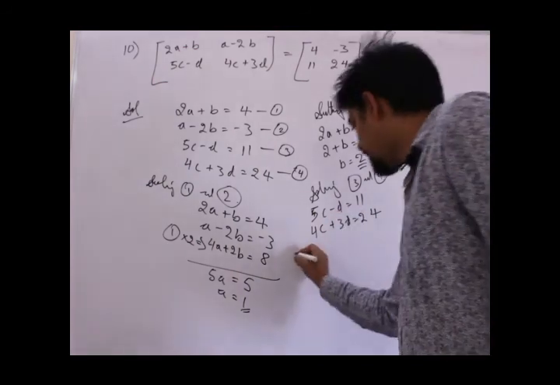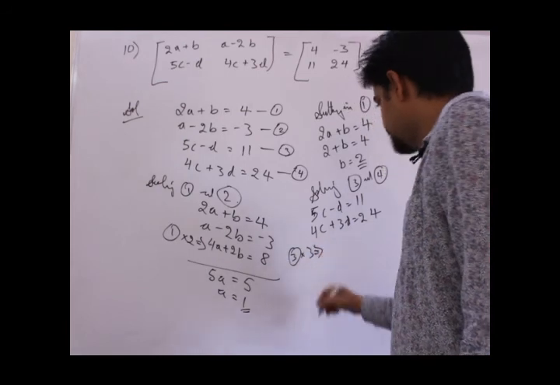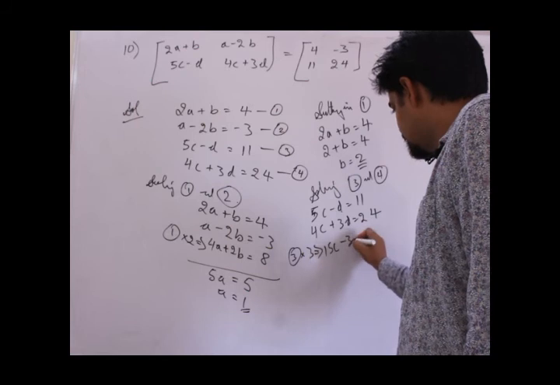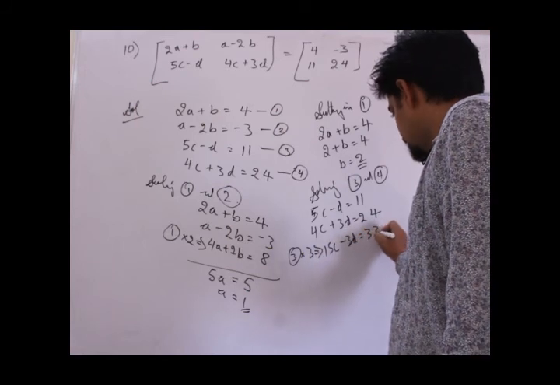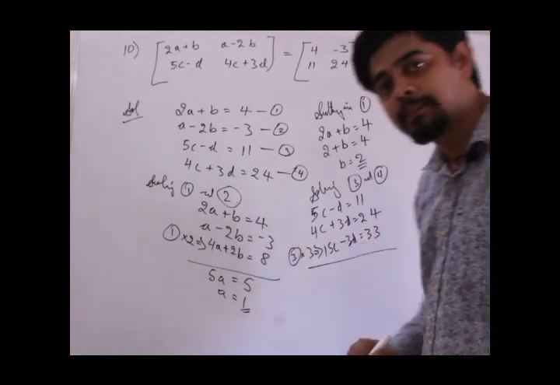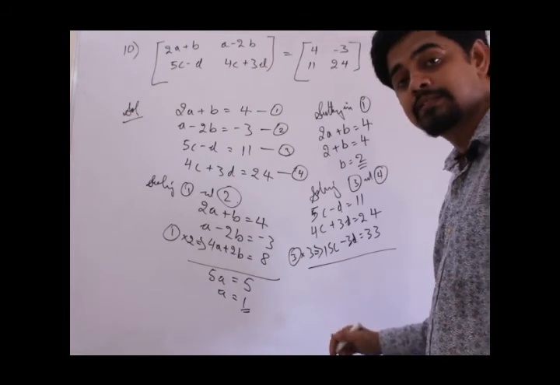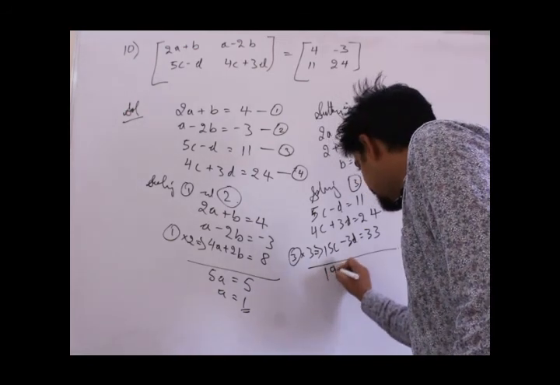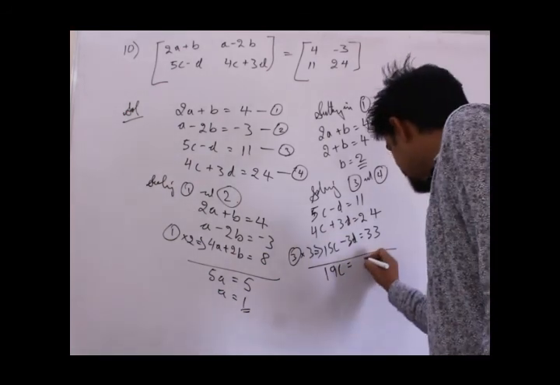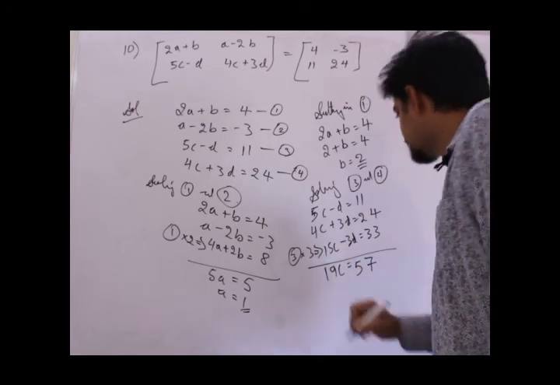I know if we multiply equation number 3rd with 3, what will we get? 5 3s are 15c minus 3d is equal to 33. Add both the equations, minus 3d and plus 3d will get cancelled out. So this is 4 plus 15, this is 19c, and 24 plus 33, so this will be 57.